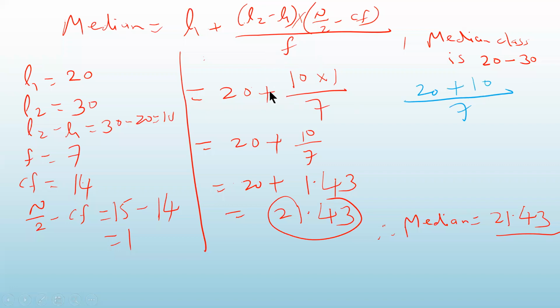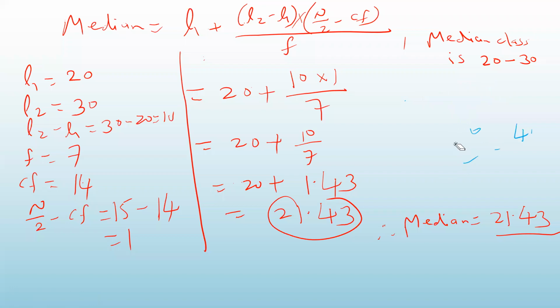It is not like that, it is only here 10/7. तो ये हो जाता है 30/7. 30/7 का वैल्यू आता है 4.7, which will not be between 20 and 30. So this is wrong. Don't do this. ये डिवीजन यहाँ पर ही है, divide by F. तो पहले आपको ये calculate करना है, उसके बाद उसको 20 में add करना है. So remember that, don't make that mistake. Okay.